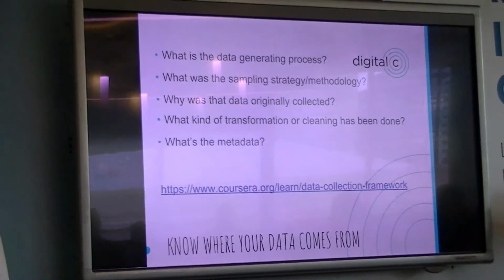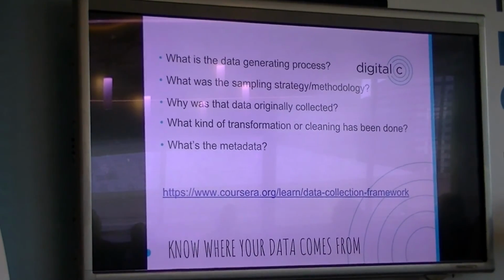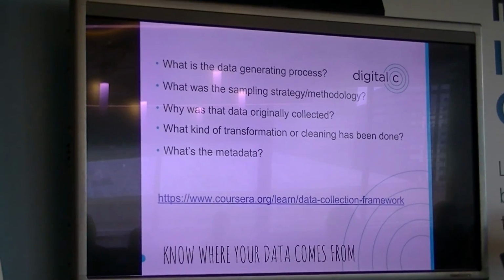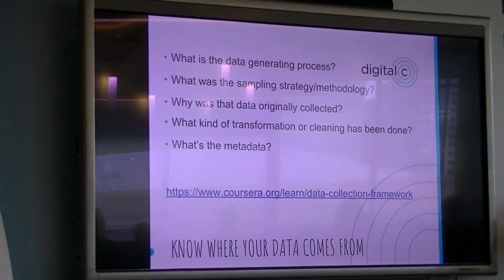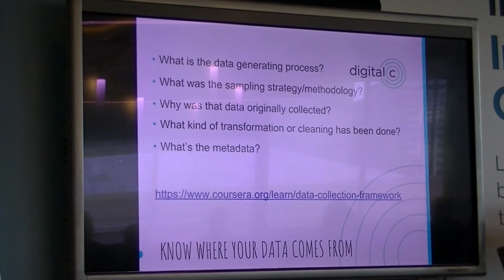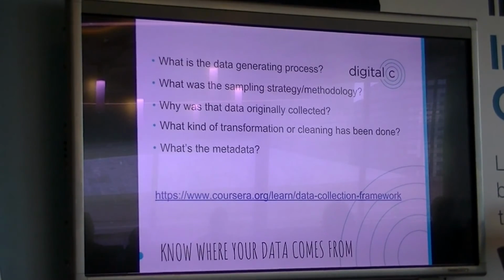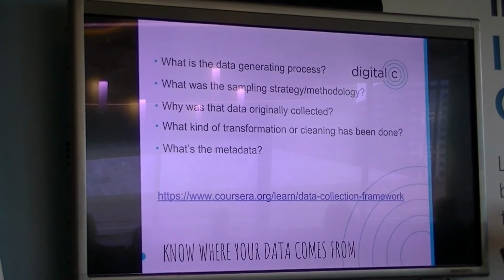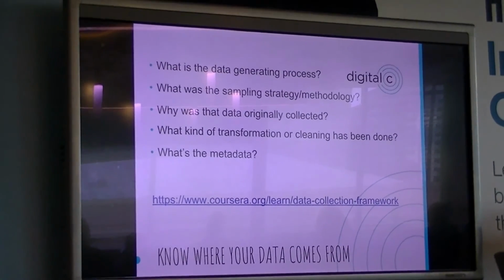So I think the third thing that is very important in terms of framing the questions is knowing where your data comes from and understanding the data generating process. How was that data created? Who created it? What was the original purpose that it was created for? What was the sampling strategy or methodology?